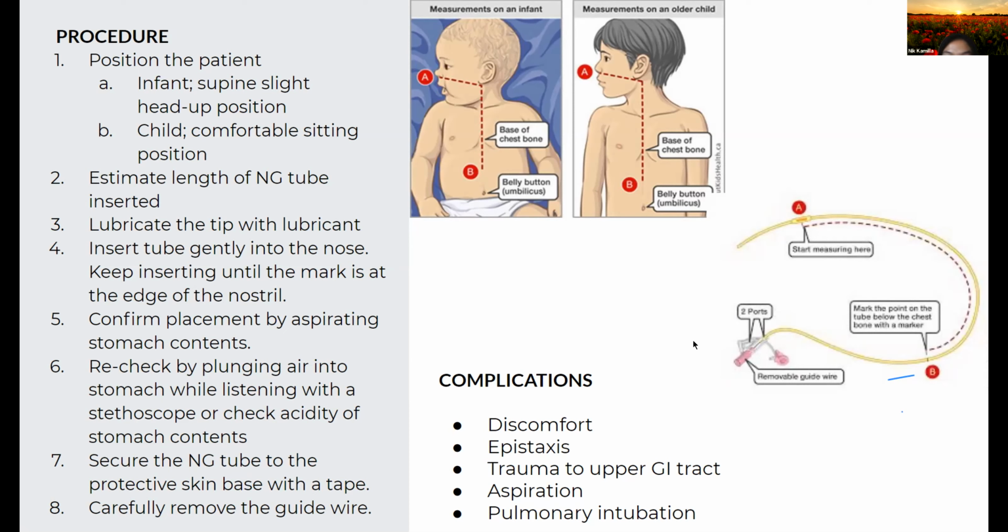There are several possible complications following this procedure, such as discomfort, especially at the nasal area, and then epistaxis, and trauma to the upper GI tract can also occur, but this can be prevented by generously lubricating the tube tip and also by doing a gentle technique.